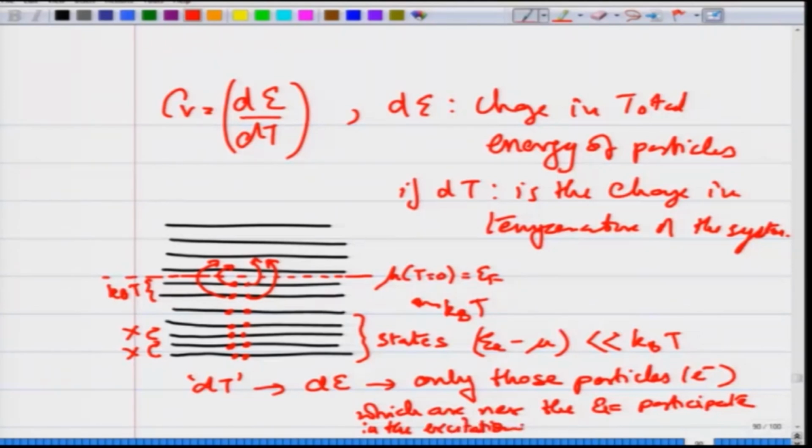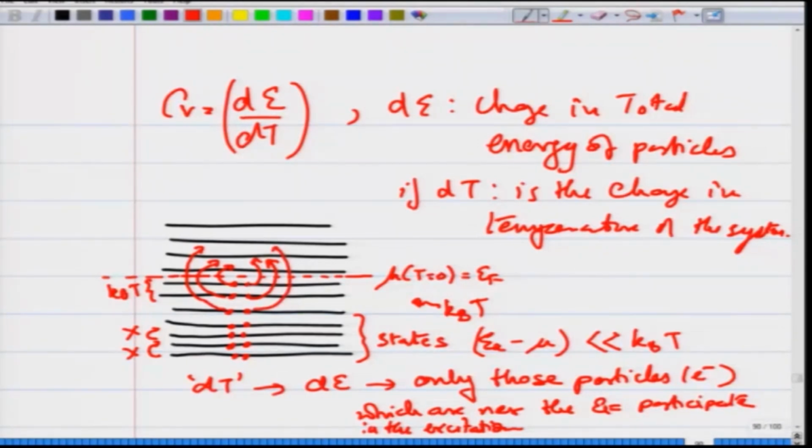Higher the temperature, more will be the number of particles that you can cause to excite, because this kBT then starts increasing, because as you increase the temperature, you start accessing more and more states which are deeper inside the Fermi energy to actually excite to higher and higher states inside the system.